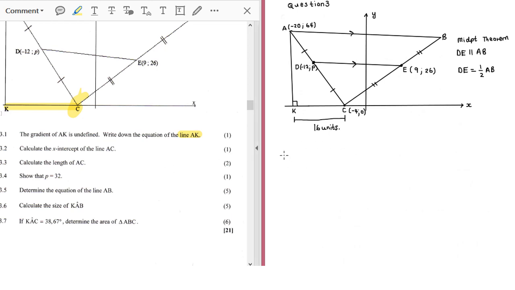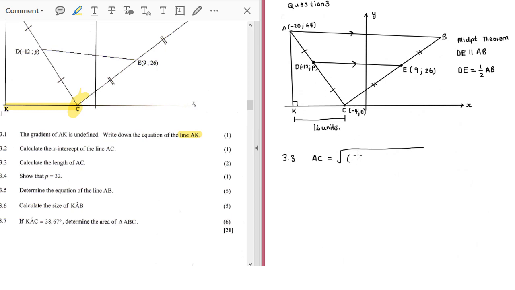Moving along, question 3.3 says calculate the length of the line segment AC. Well, that is purely the distance formula. So AC is going to equal the square root of the change in the x values, so let's start here at C and go upwards.